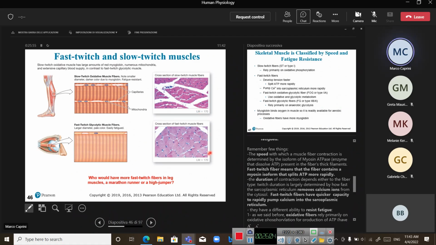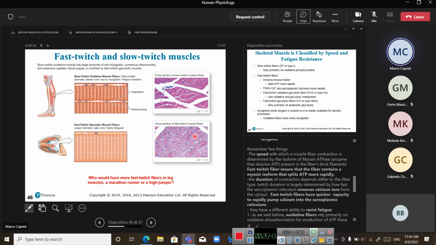Obviously, fast twitch fiber means that the fiber contains a myosin isoform that splits the ATP more rapidly, okay, compared to the other muscle. So one important thing is the speed, which depends on the myosin ATPases. And this one is faster and this one is slower. And the duration of the contraction also depends on the fiber type.